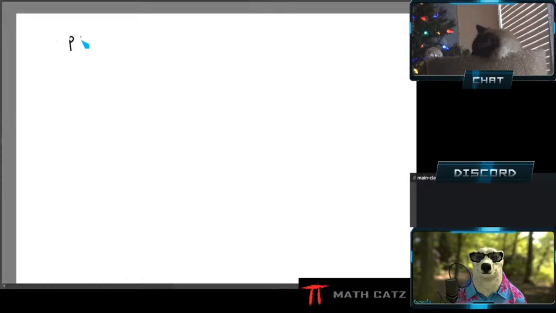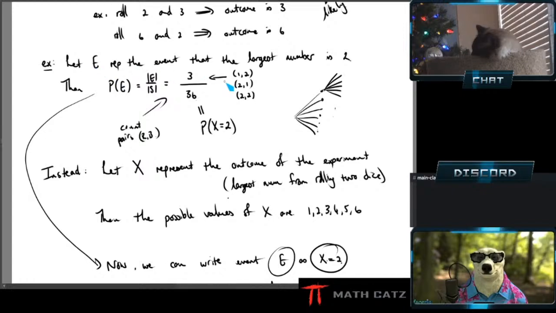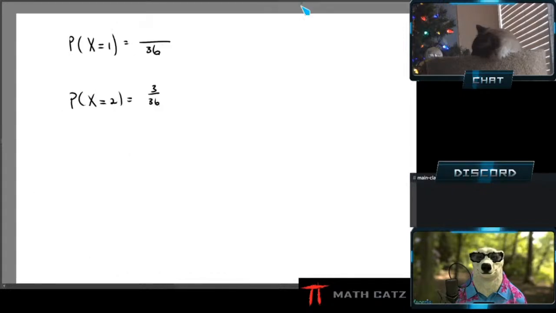So now we want the probability that x equals 1. Now I'm going to look at it in the same way as we did our initial one, which we've already seen, right? We've already seen this one was 3 out of 36 because it was exactly the same as the event E. But instead of defining new events, I just refer to different values of x.